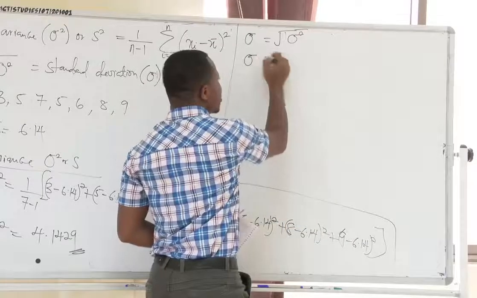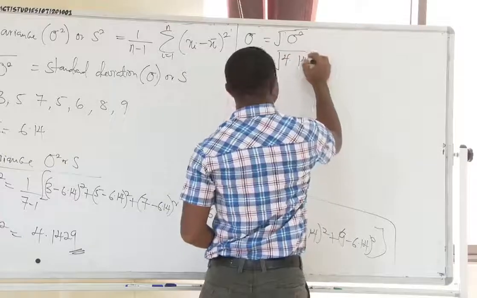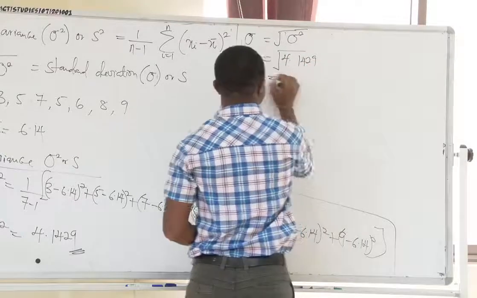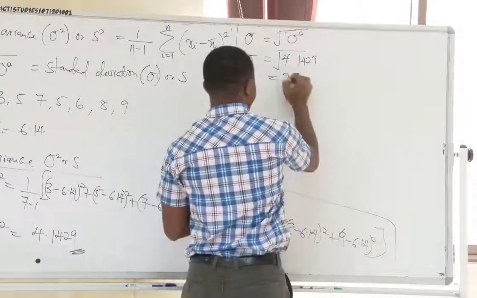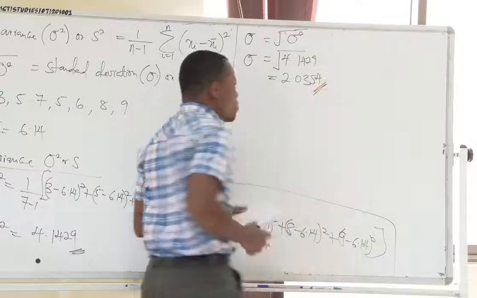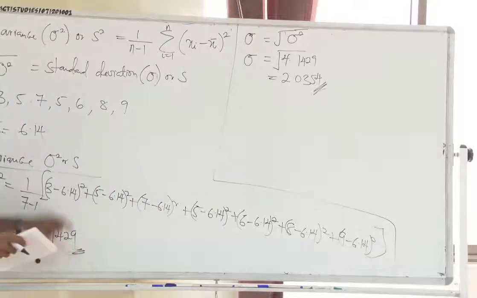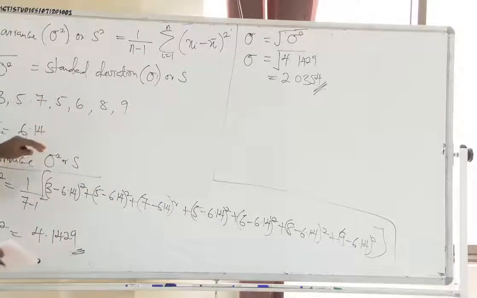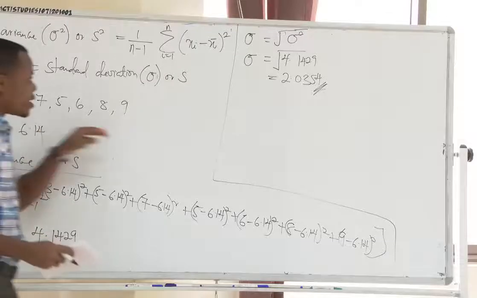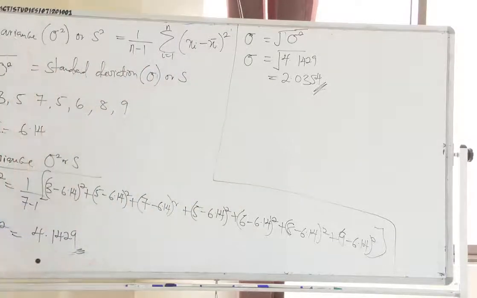So our standard deviation becomes the square root of 4.1429, and this gives us 2.03514. Okay? So with this data set, this happens to be our variance, and this happens to be our standard deviation.